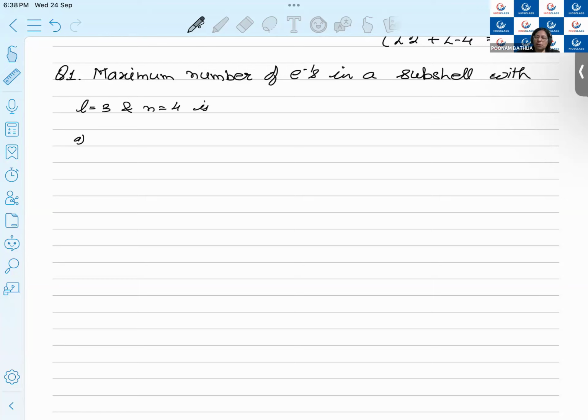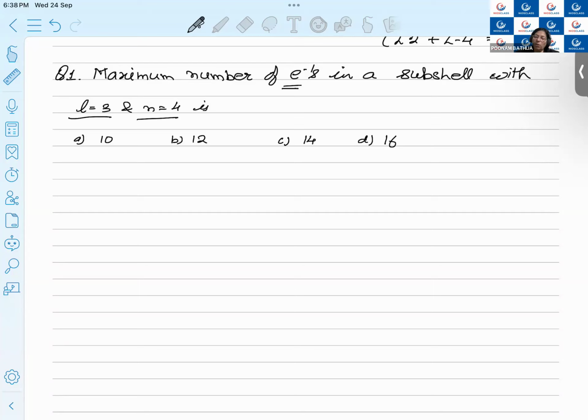What are the options? 10, 12, 14 and 16. Okay, first we have to understand what is the meaning of these two. He's asking maximum number of electrons in a subshell with L equals to 3 and N equals to 4.